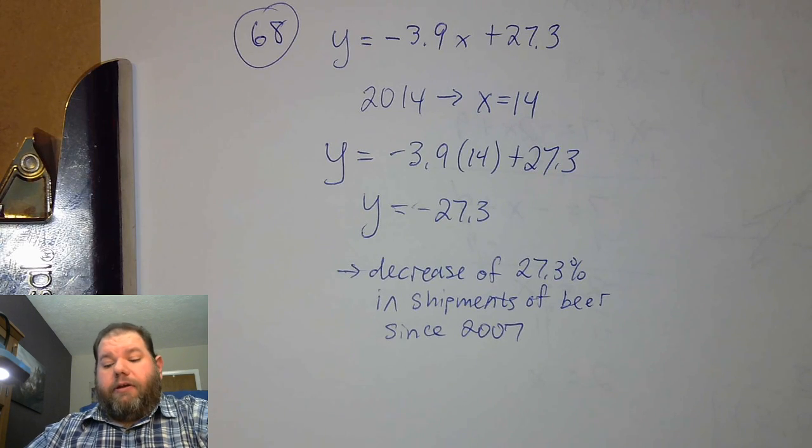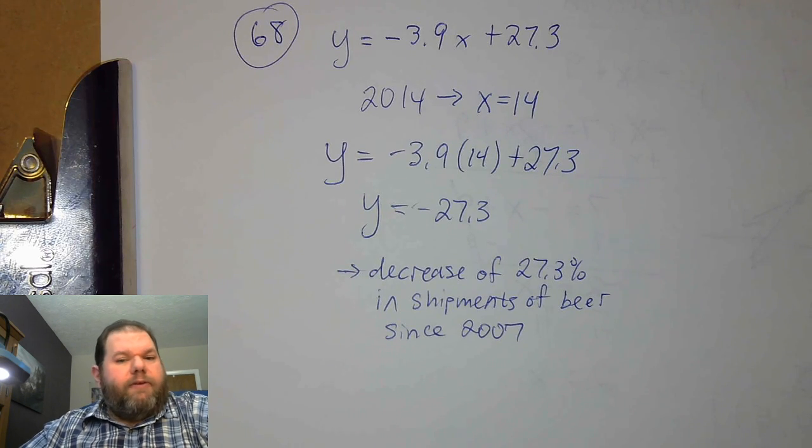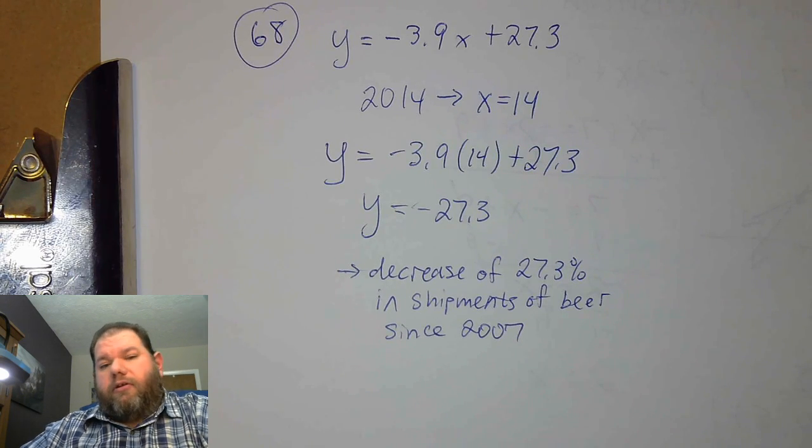Generally speaking, such an equation is going to be a little bit more complicated than that, but that's the general concept. If we have an equation that models a particular aspect of business, for instance, then by plugging in values, the values generally represent the amount of time that has passed, and it allows us to model what has happened previously and then use that information to predict what will continue to happen in the future.